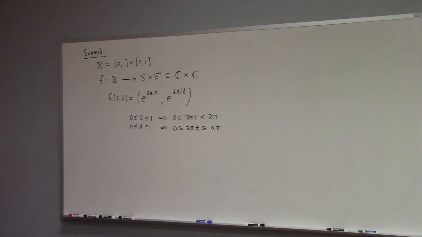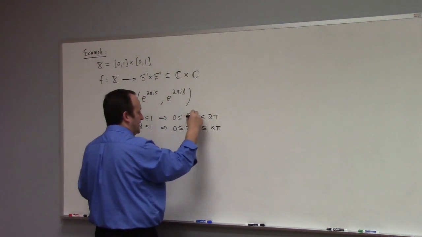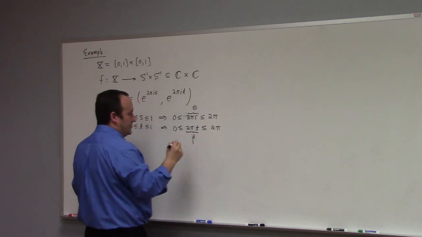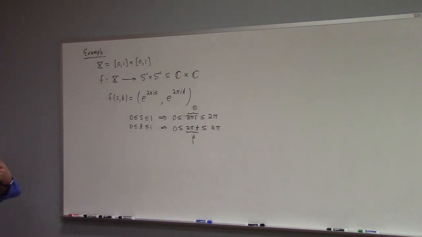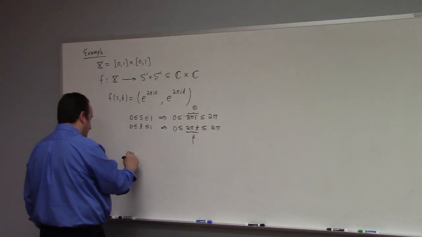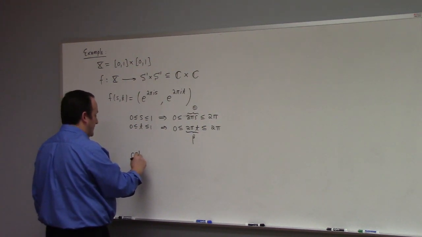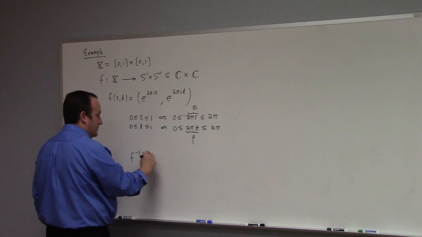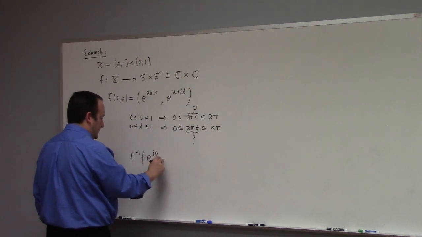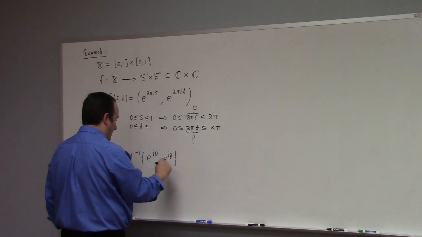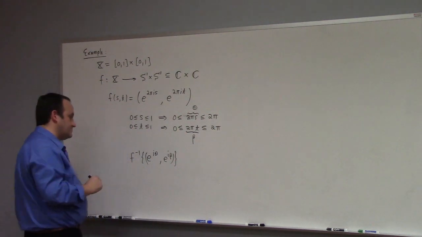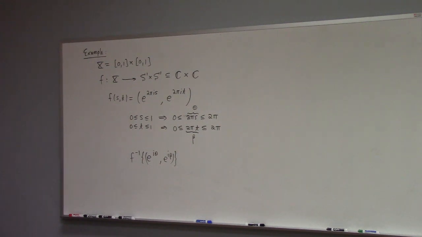So the point is that the angles, you could call this one theta and this one beta, range from 0 to 2 pi, right? So if you look at the inverse image of e to the i theta, e to the i beta, what do you get? Because that would be a fiber of the map, right?